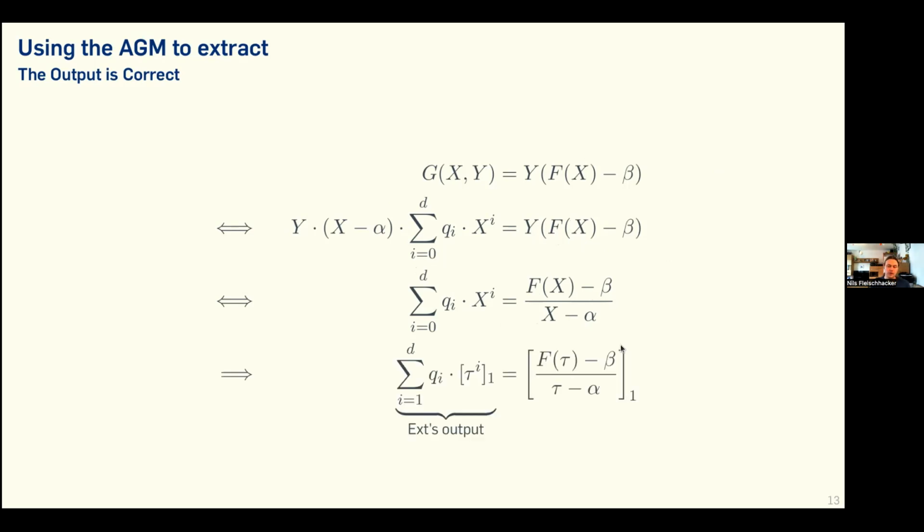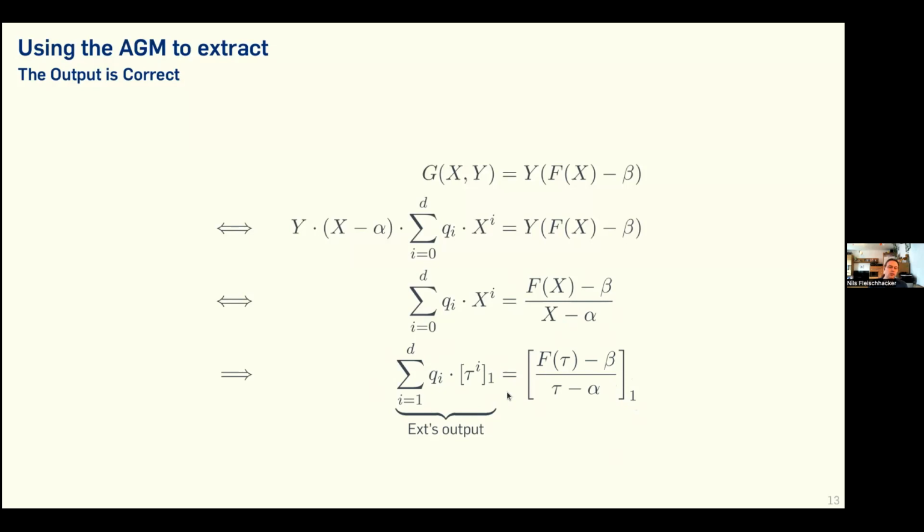And now if we look at the output of the extractor, the output of the extractor was this. And this is just this evaluated on position tau and put into group G1.